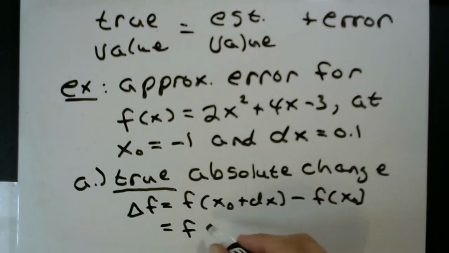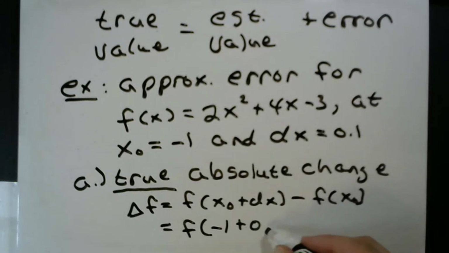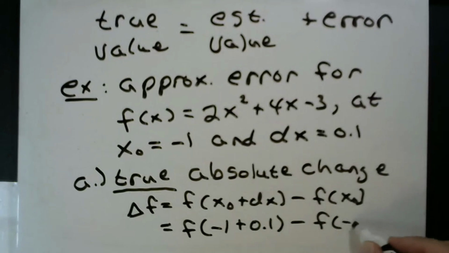So this means it'll be f of -1 plus 0.1 minus f of -1.